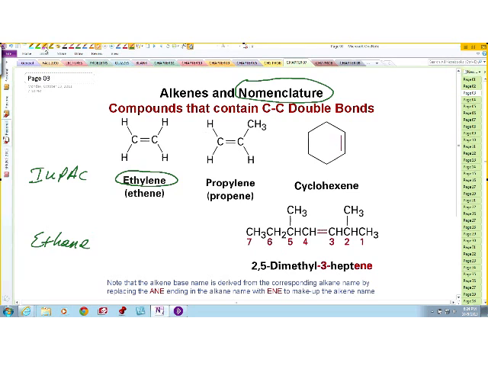So to name the alkene, what we do, we remove the alkane suffix, ane, and we replace it with the alkene suffix, which is ene. So as you can see here, the IUPAC name for ethylene is ethene.